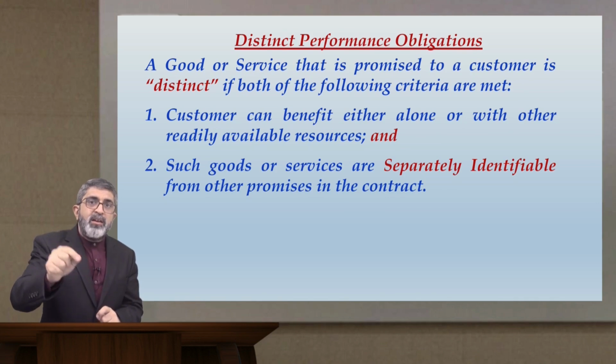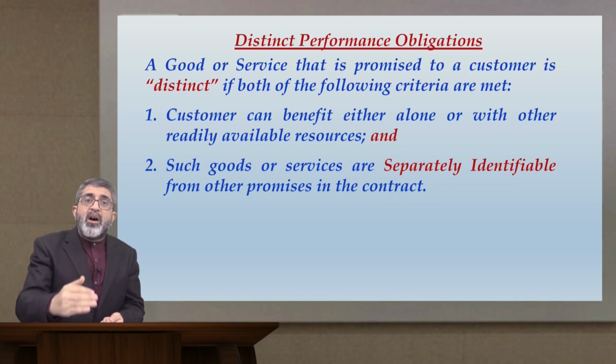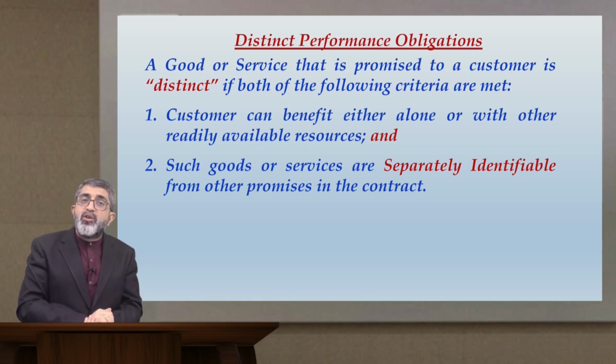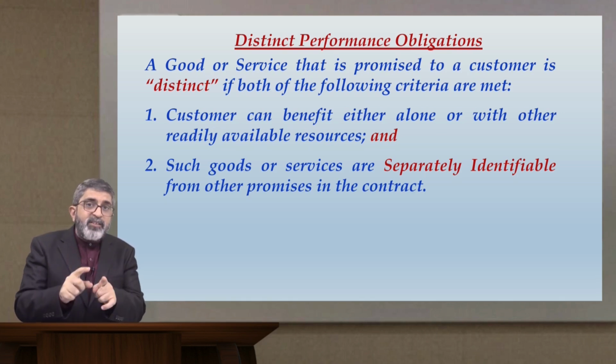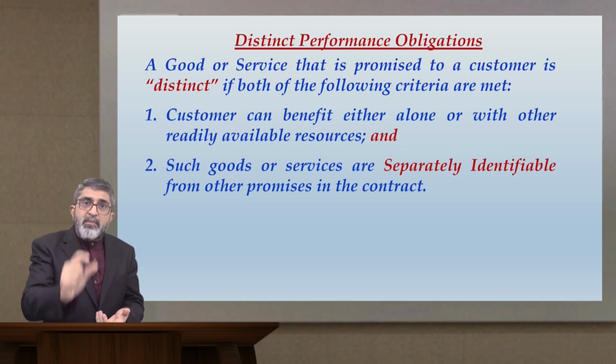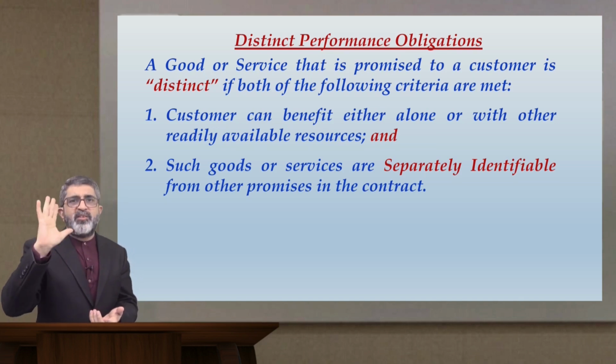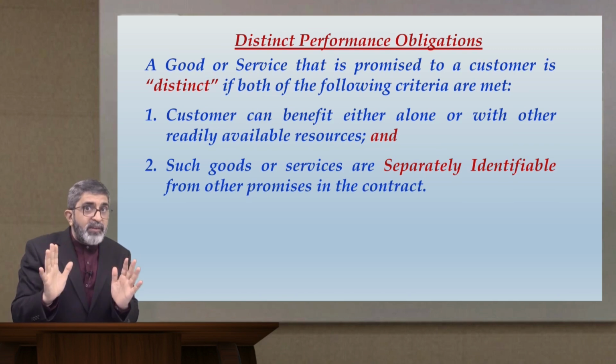You will be waiting until the chauffeur has arrived. The obligation from my end will not be fulfilled. That is why, without depending on anything else, are you able to use that good or service on a standalone basis? If yes, then it is a distinct performance obligation. Are we clear on that?